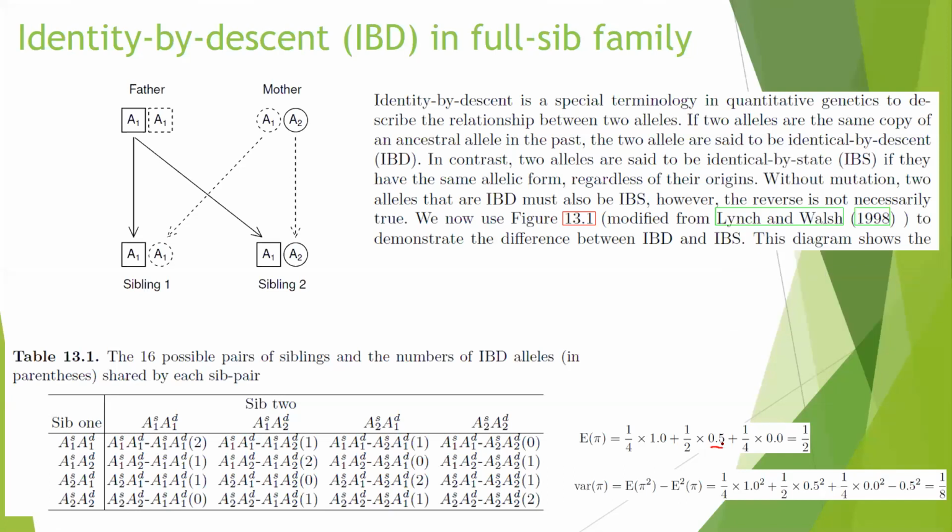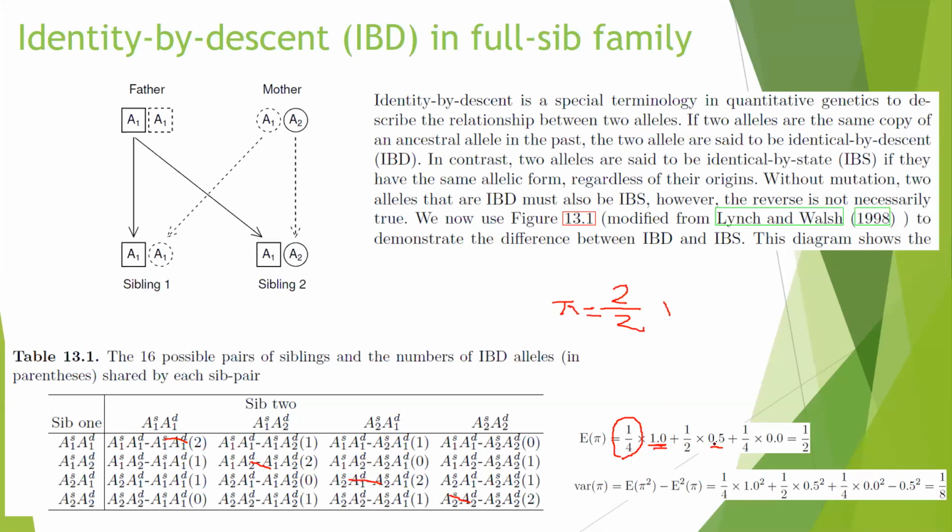Okay, sure, let's look at this one. We have 1, 2, 3, 4. That's 4 over 16, that's 1 over 4, times this. That represents the IBD value equals 1, because both alleles are IBD, and out of the total 2 alleles, pi equals 1.